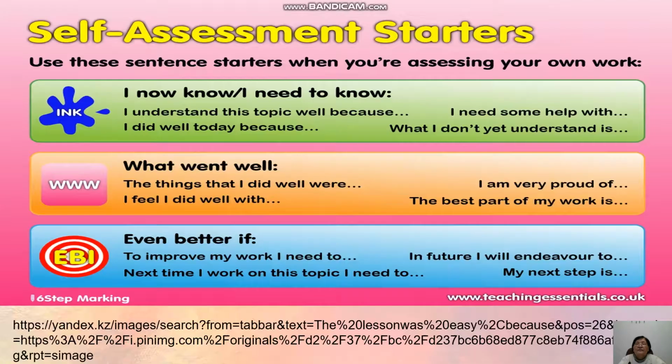Thank you. While assessing yourself or your own work, please, I would like you to use such types of phrases, sentences. It will help you.